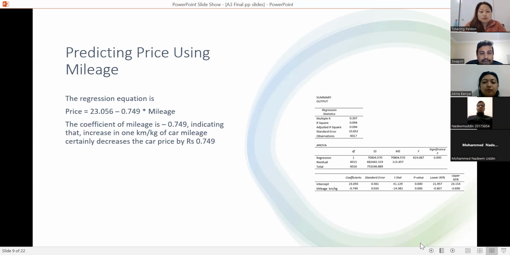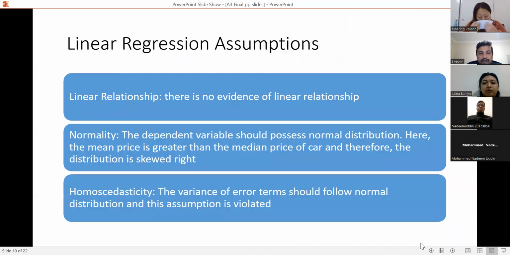The coefficient of mileage is minus 0.749, indicating that an increase of 1 kilometer per liter of car mileage decreases the car price by Rs 0.749. This will be more clear when you see the Excel sheet.